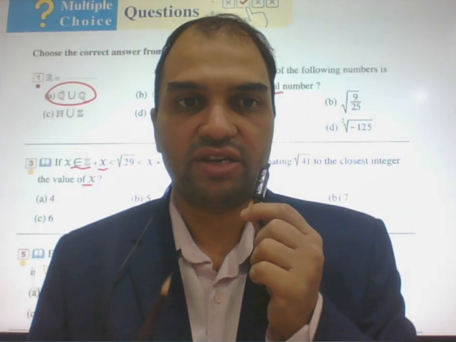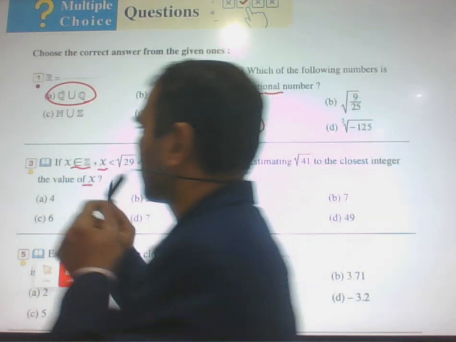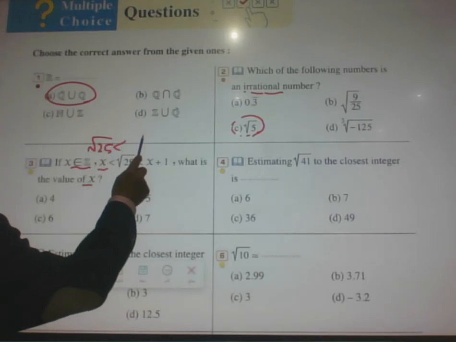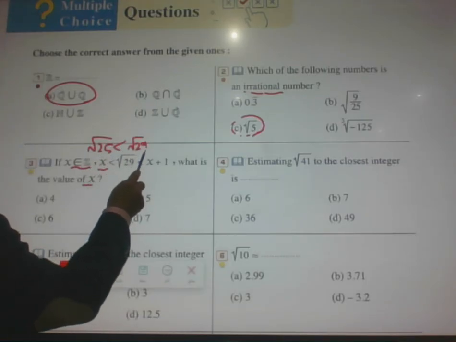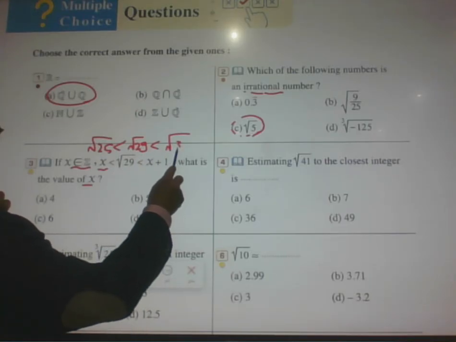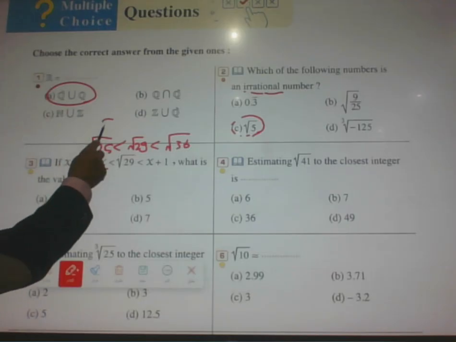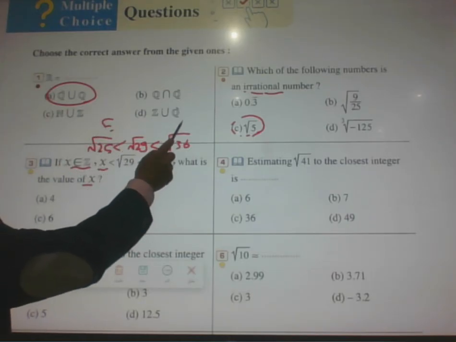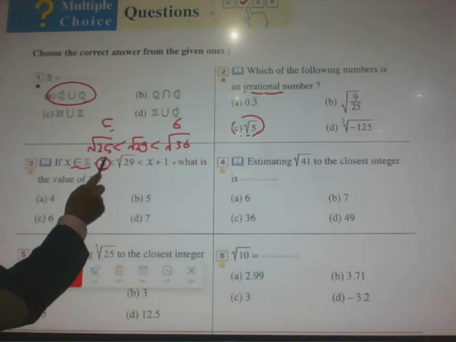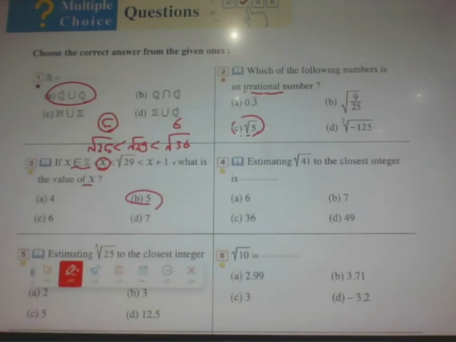We can write square root of 25 less than square root of 29 less than square root of 36. Then square root of 29 lies between 5 and 6. So x here equals 5.